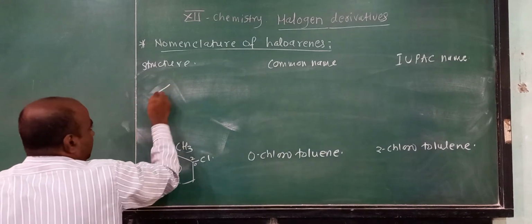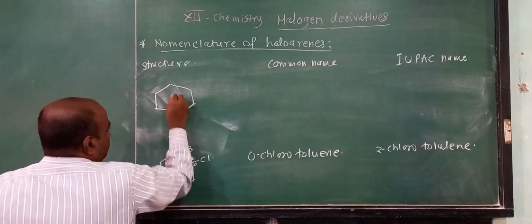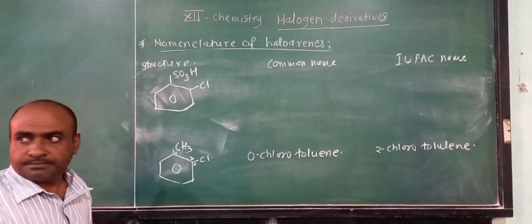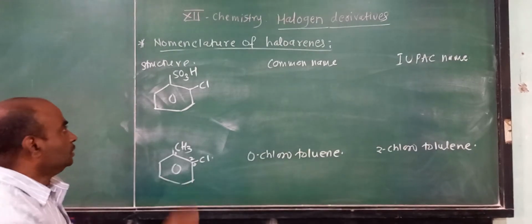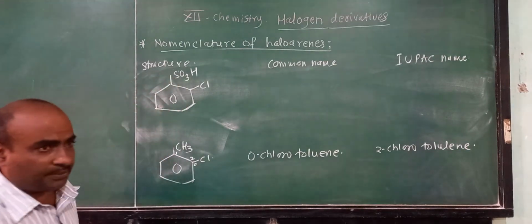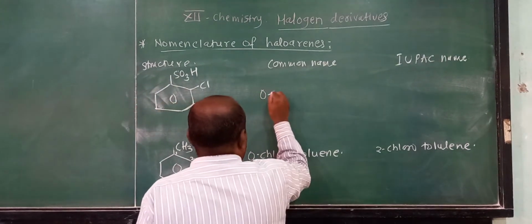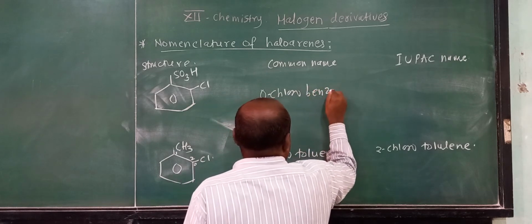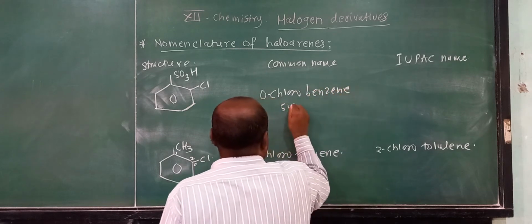Similarly, if we take another compound, suppose we write this compound, then it will be orthochlorobenzene sulfonic acid.